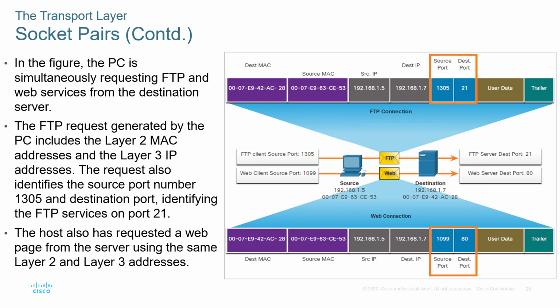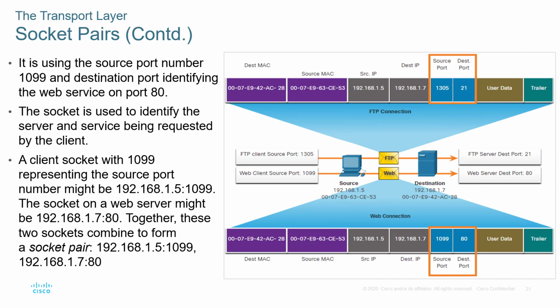So if you have a source and destination port, them grouped together can also be known as the socket pair. Normally the source port identifies the source machine, and then the destination is going to a specific web resource or a specific network-based resource.